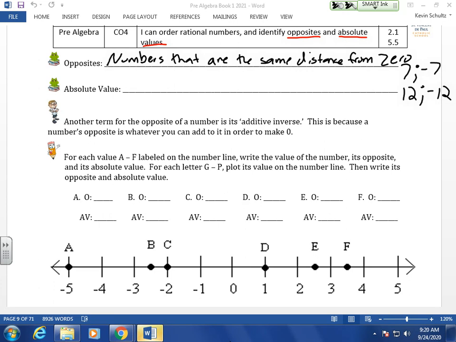How about absolute value? Like the value? Yes. The absolute, for sure, value. Not quite. A number's absolute value is the distance away from 0.